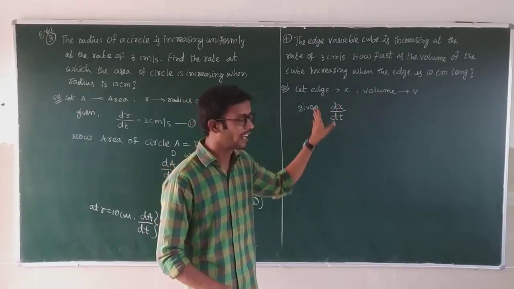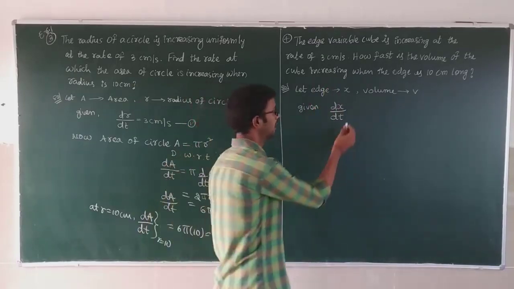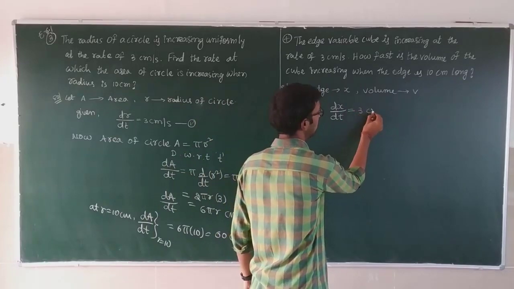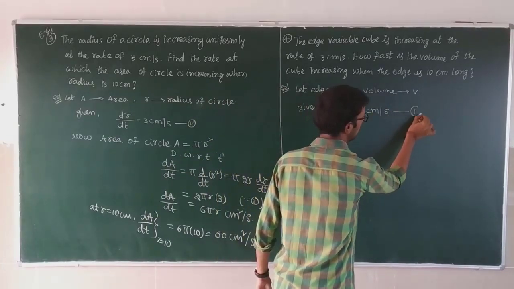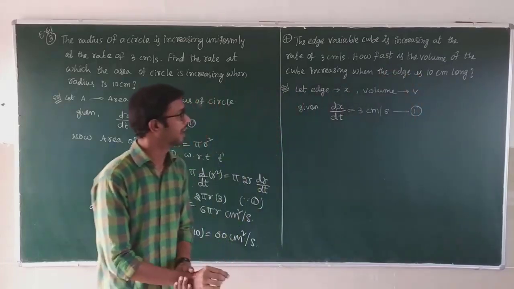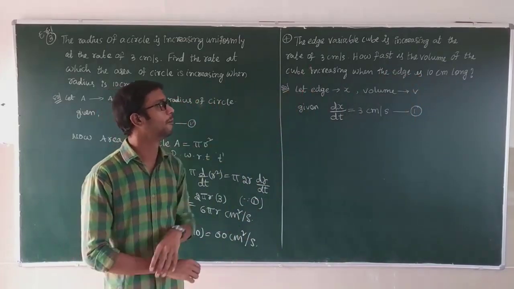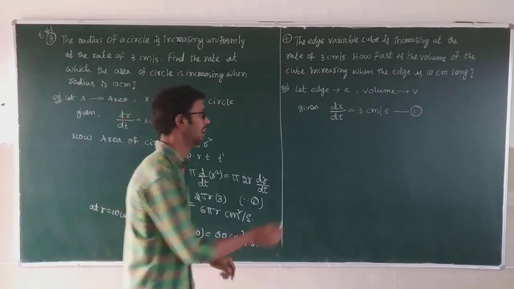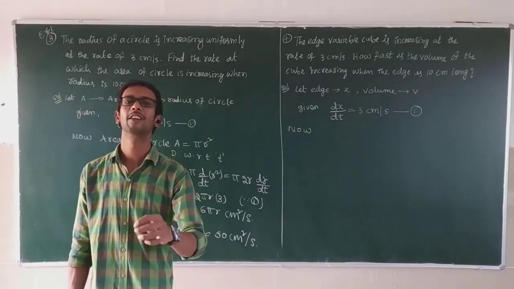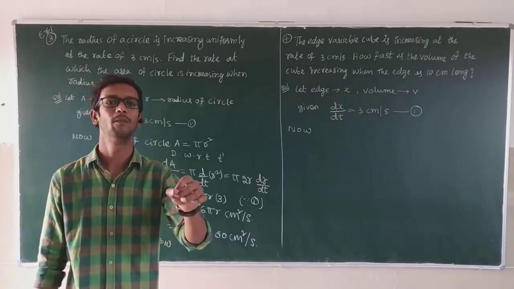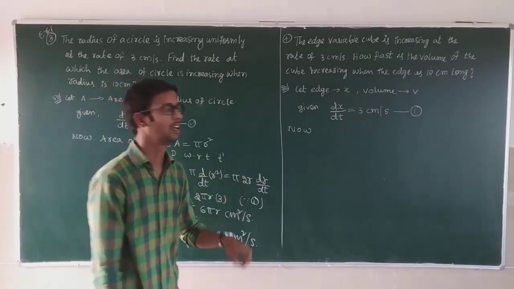So that is why we write dx by dt is equal to 3 centimeter per second. Take this as equation 1. Next, how fast is the volume increasing? Now we have to find dv by dt, the volume increasing with respect to time.